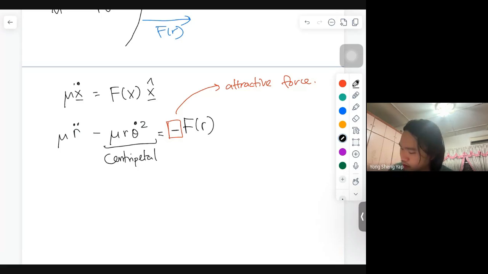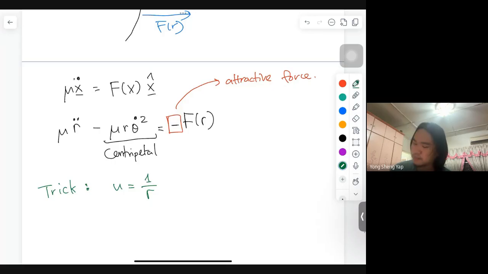Here's a trick. If you ask me why this trick works, I really don't know, but it's a trick that you can always use for two-body interactions: define a new variable, u equals 1 over r, and rewrite everything in terms of u.